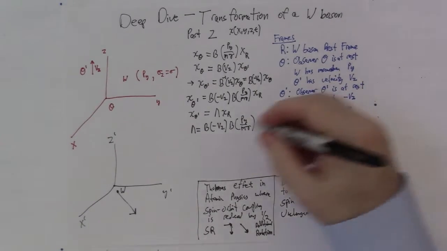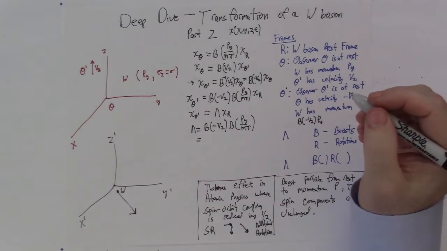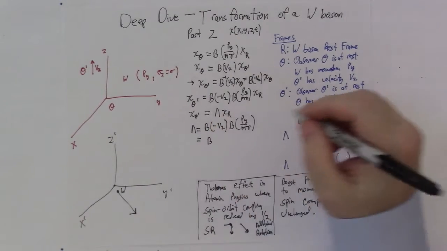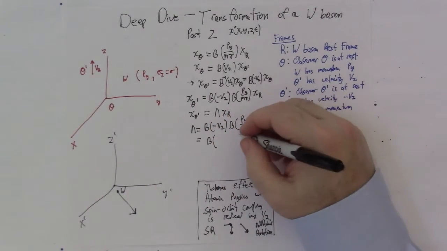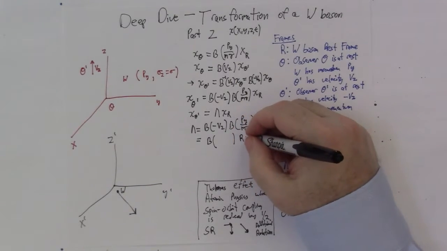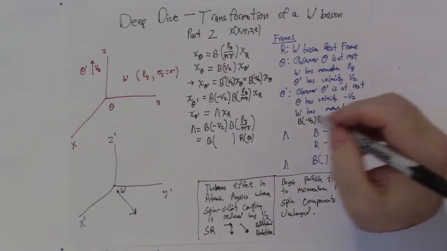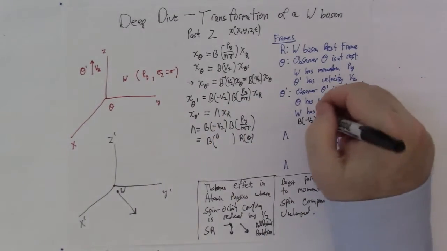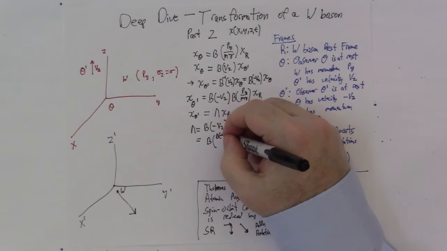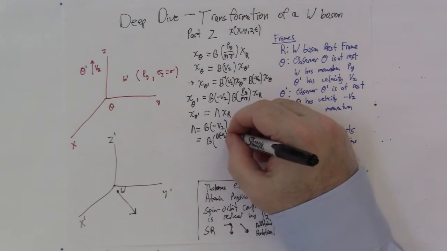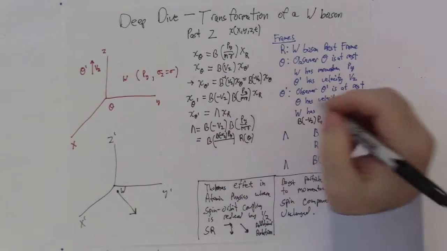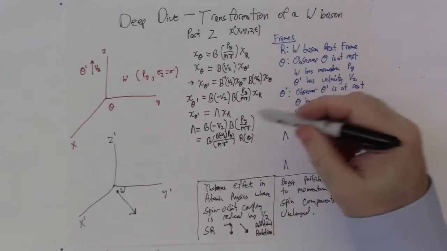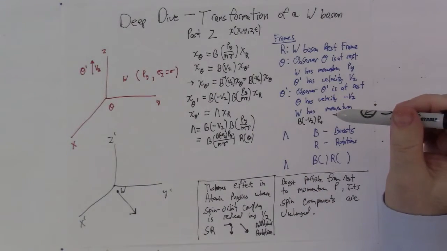So we know that this is also equal to B minus Vz Py divided by m gamma prime. We'll have to calculate gamma prime. It's actually a very easy calculation, times r theta.